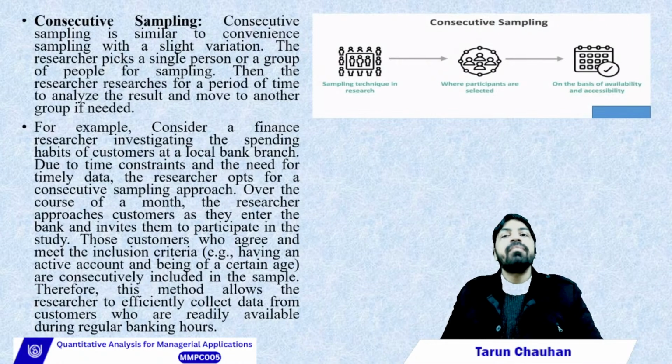That becomes consecutive sampling. Consecutive sampling is very similar to convenience sampling, with very slight differences.